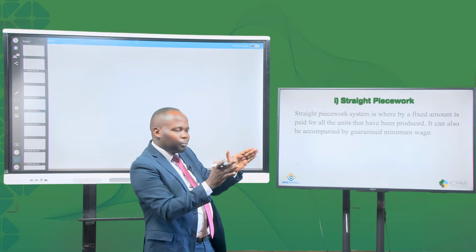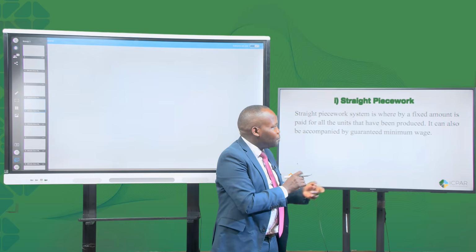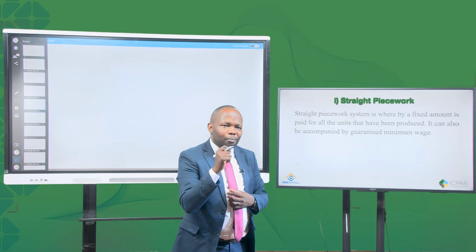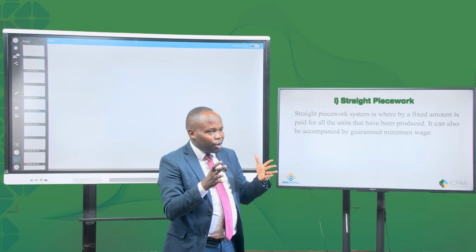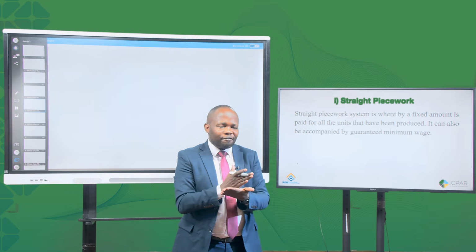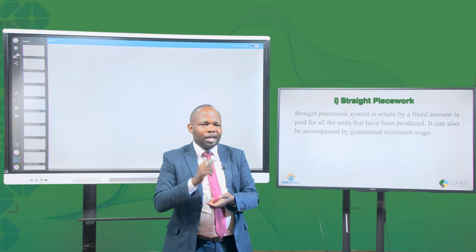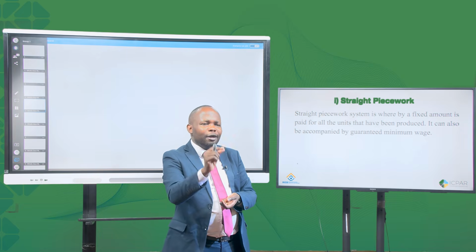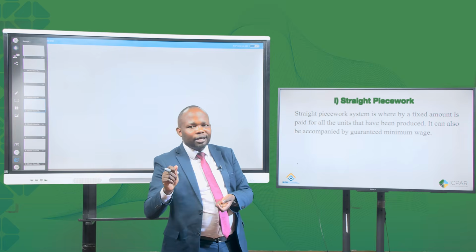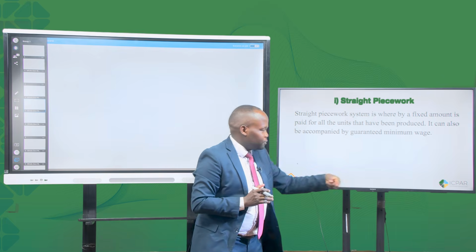One rate of pay for all the units. It can be accompanied by a guaranteed minimum wage. Guaranteed minimum wage is the minimum an employee can be paid. Every country has what we call a guaranteed minimum wage: the lowest amount any worker can be paid.